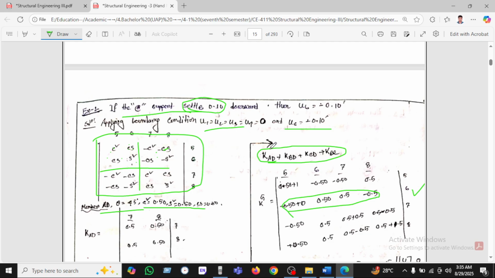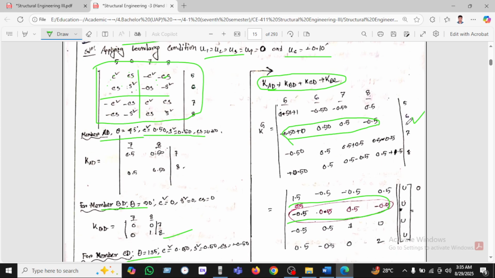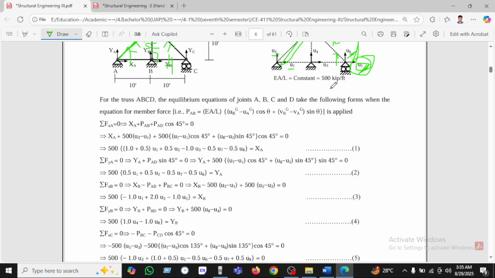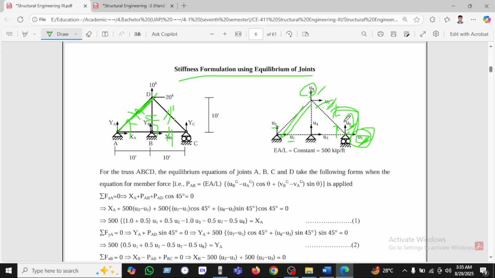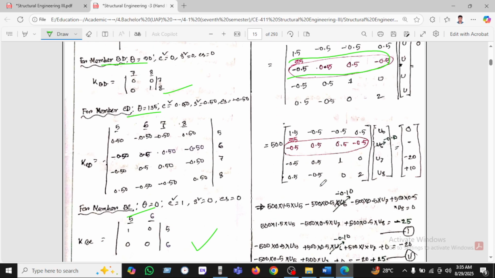Okay, no problem. So as we've been seeing, the settlement is 0.1. That's why we are not considering C. 0.1 is downward at point C. That means this point U6 is settled down. That's why we are not taking this. We'll just eliminate this.